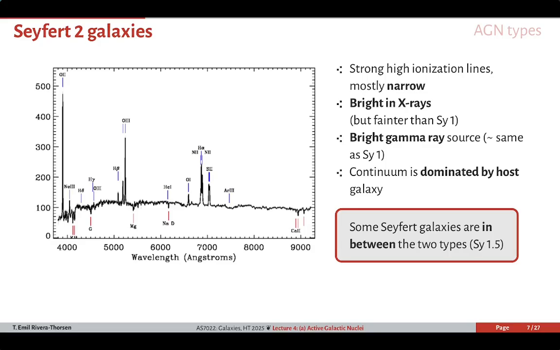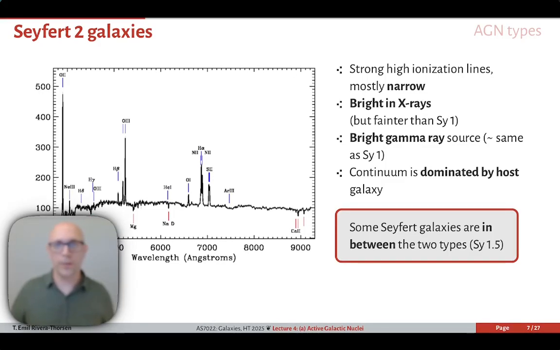For comparison, here is a Seyfert 2 galaxy, where you can see that it also has these strong high ionization lines, although maybe not quite as high ionization as the Seyfert 1 galaxy. It is also bright in X-rays, as the Seyfert 1 galaxy was, but not as bright. It is bright in gamma rays, about the same as the Seyfert 1 galaxies, and the continuum is dominated by the host galaxy.